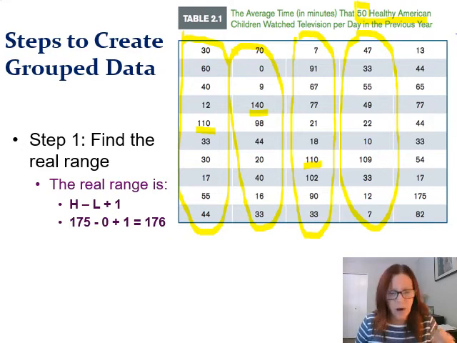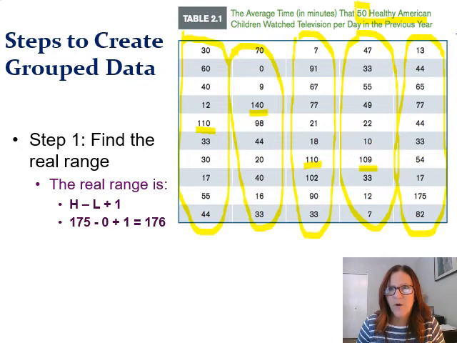But the hardest part sometimes, when you have a large data set, is spotting the highest and the lowest number. In this one, 109 is not higher than 140. Now I go to the last column and go down, and we have 175. 175 is higher than 140. So bam, I have my highest number.